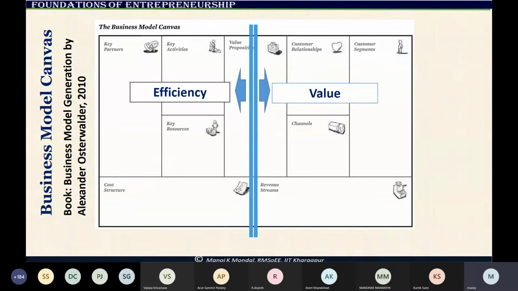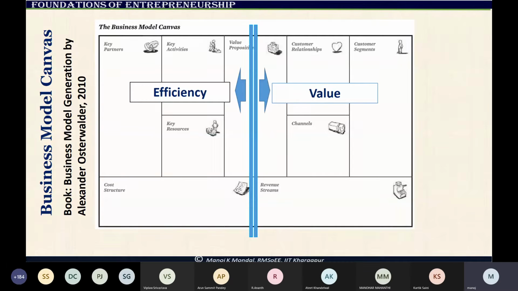Okay, so as I said, Osterwalder says right side is value, left side is efficiency. Not the way I mentioned, that right side is not only the value, but where, to whom you give the value, who are the target audience, and how you reach out to them, how you send the value, how you build a long-term relationship so that you can give the value on a sustainable basis, and then eventually you can earn some revenue.